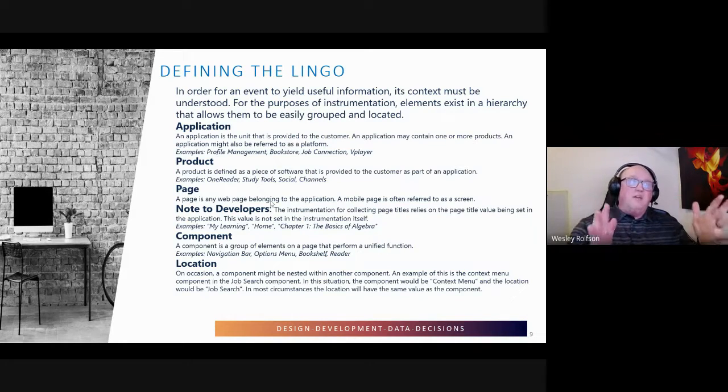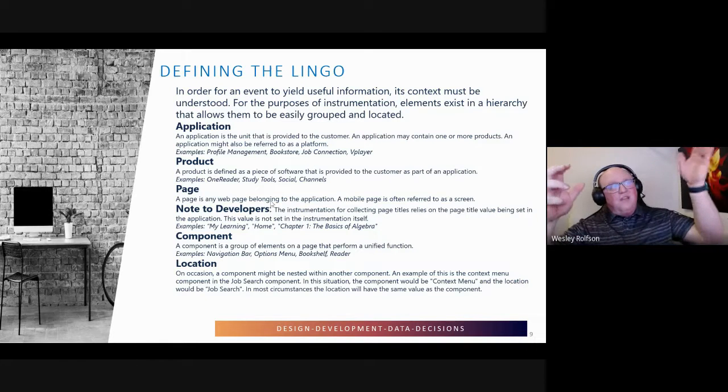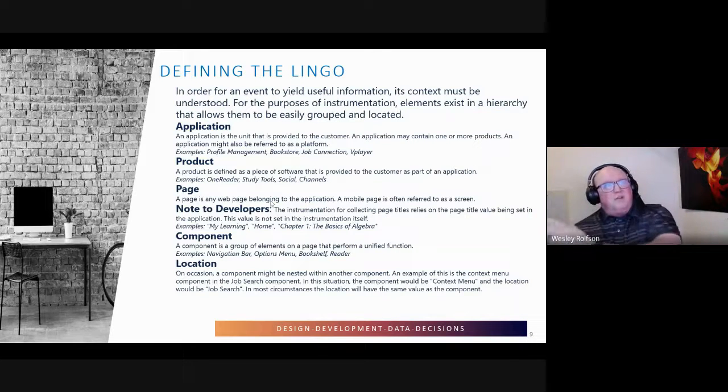And then on my page, I'll have components or a grouping of smaller elements like a navigation bar or a menu, or I've seen some pretty creative people where they did literally a bookshelf where it looks like the books are going across your screen. That whole area would be called a component because it's made up of things.